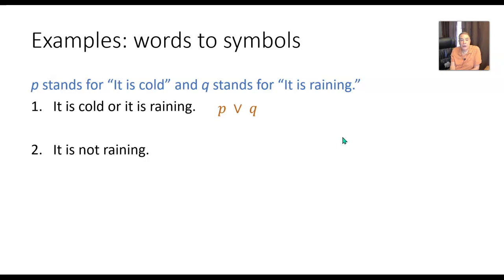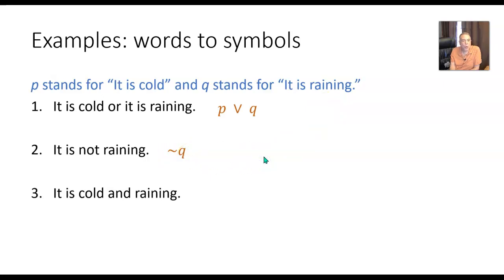Remember, Q stands for it is raining, so this would be the negation of that. The not of that. Not Q. So the wiggly not symbol in front of the symbol that stands for it is raining. So there's it is not raining.